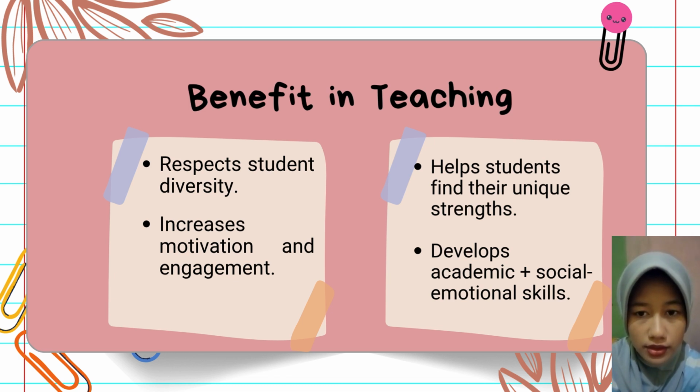Multiple intelligence not only improves academic performance but also helps students work together, express themselves, and understand their own emotions better. So, overall, this approach creates a more inclusive, supportive, and effective learning environment.